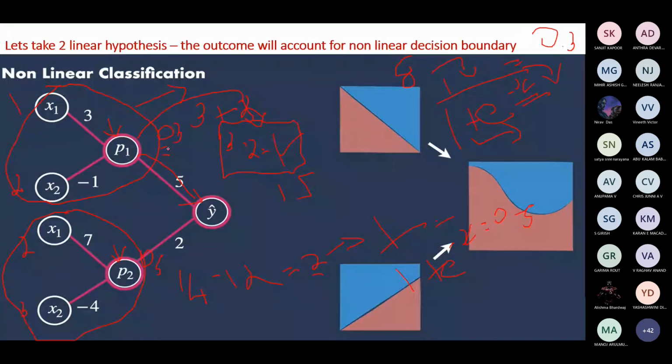So W5 into the output of P1, which is 5 into 0.3, plus 0.5 into 2. Then you aggregate it.